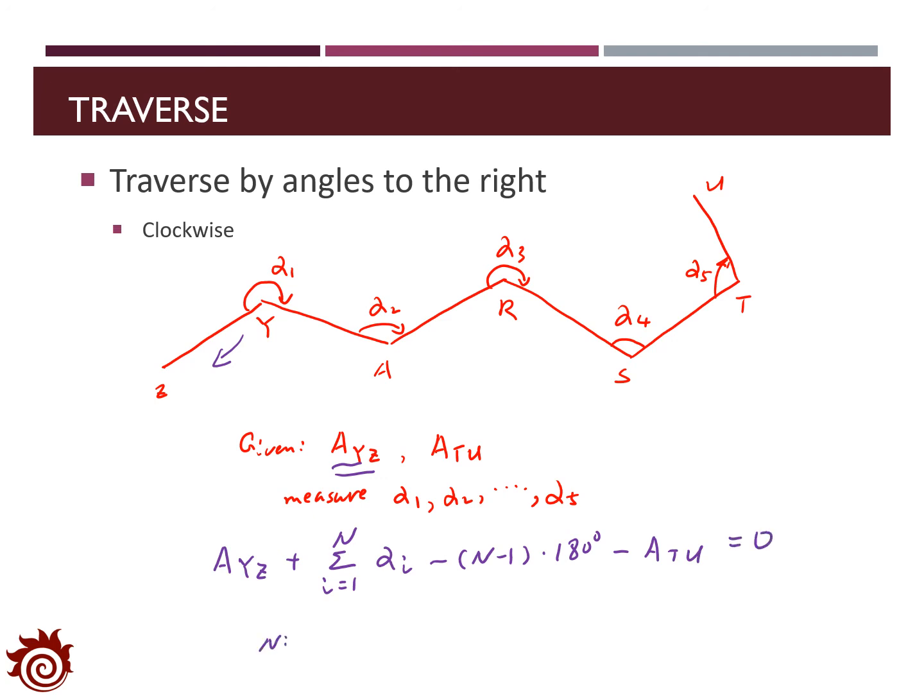Here n is the number of angles to the right. And we can use this condition for the correction about the traverse by the angle to the right.